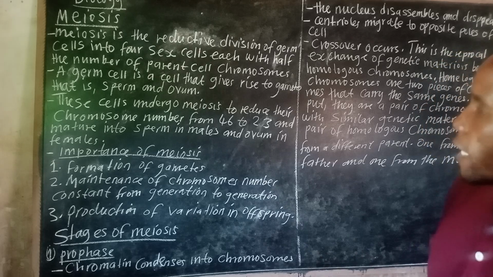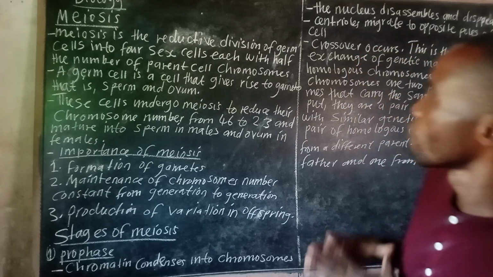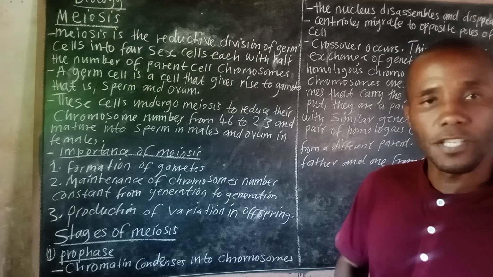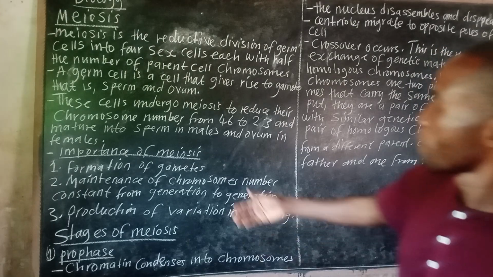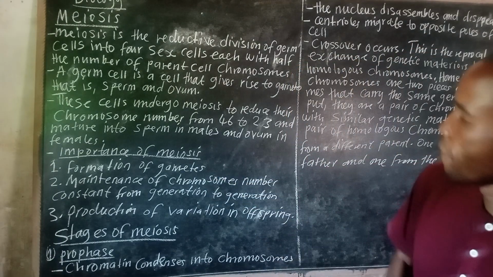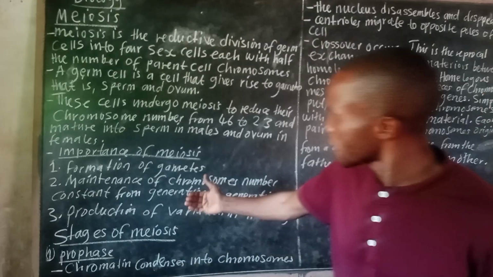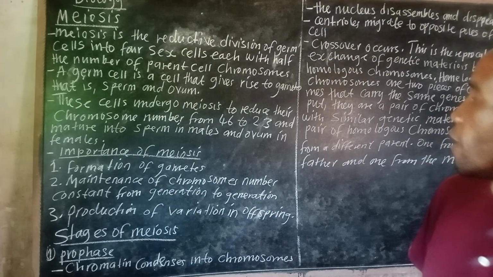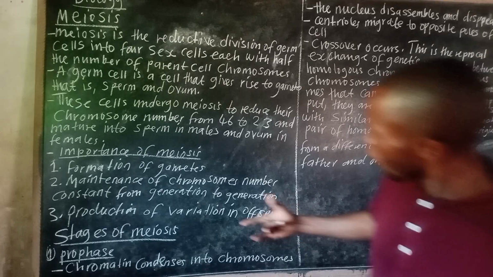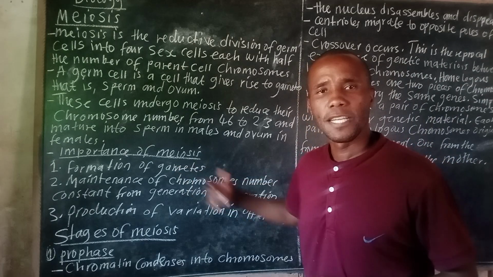Now, let us also look at the importance of this type of cell division called meiosis. One of them is the formation of gametes. Had it not been for this type of cell division, there would be no formation of what? Gametes.